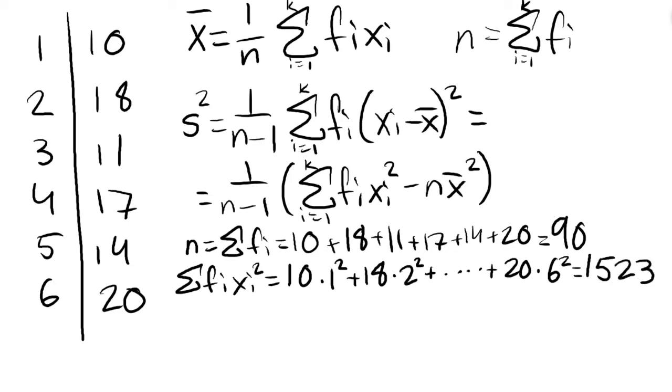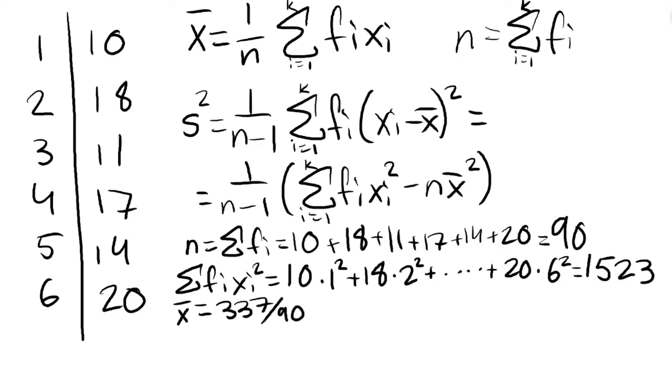And this would be 1523. And we also need to know what our x bar is. So we use the formula that we had up there. We have our 10 times 1 plus 18 times 2 and so on, divided by 90. And that would give us 337 divided by 90.